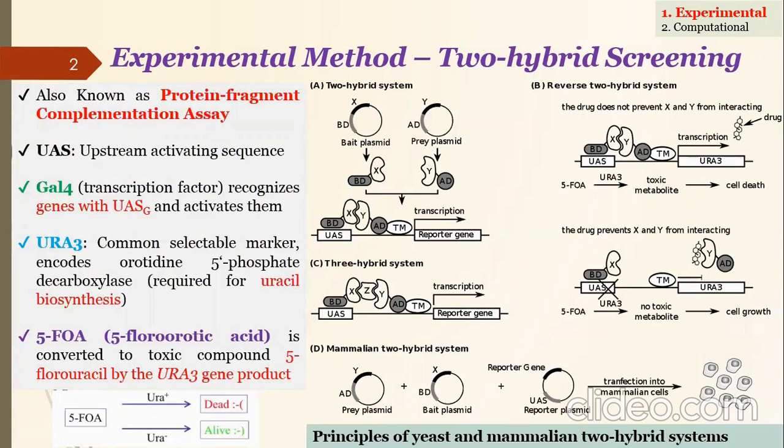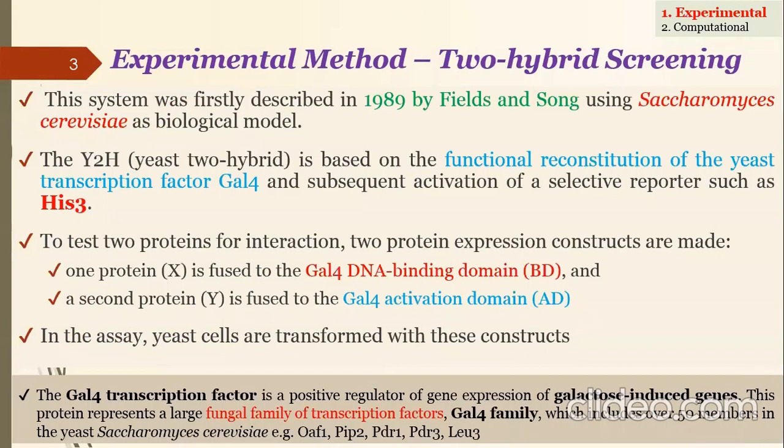the GAL4 transcription factor is a positive regulator of gene expression of galactose-induced genes, meaning those genes that are induced by galactose will be activated by the transcription factor GAL4. This protein represents a large fungal family of transcription factors.